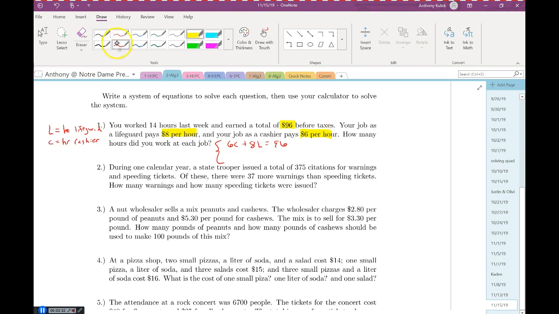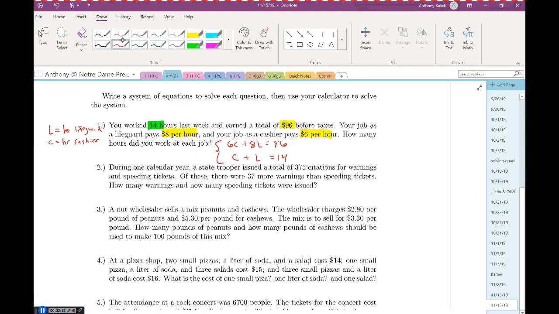Okay. What's the second equation that I can write here? Nicholas. Very good. C plus L is equal to 14. We know we worked 14 hours last week, and we have 2 kinds of jobs that we did.